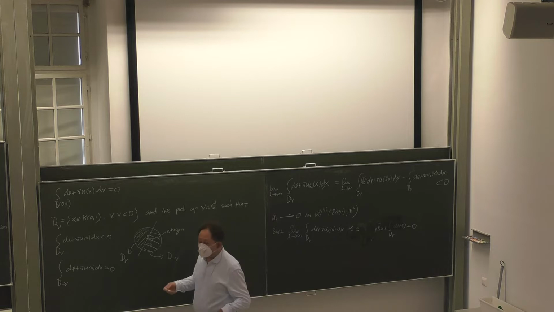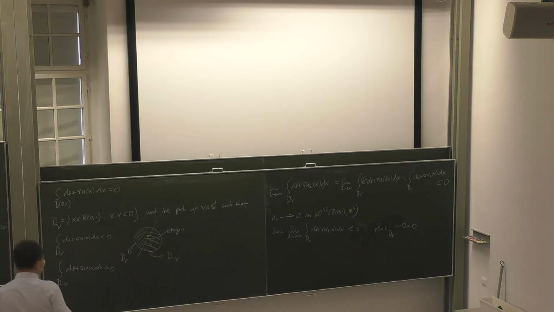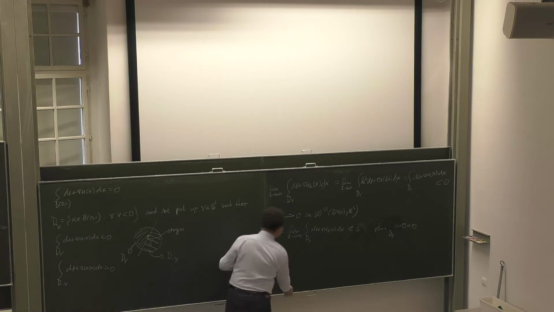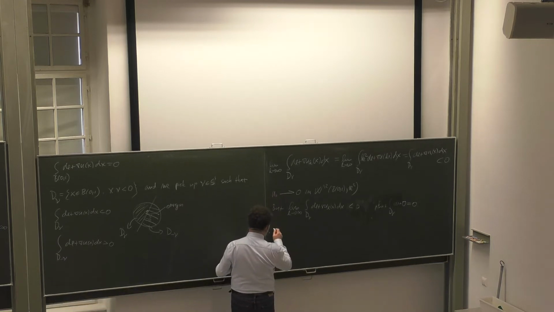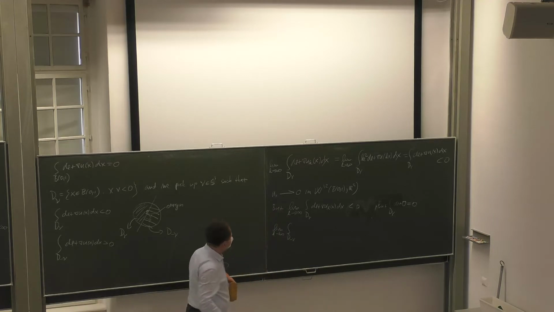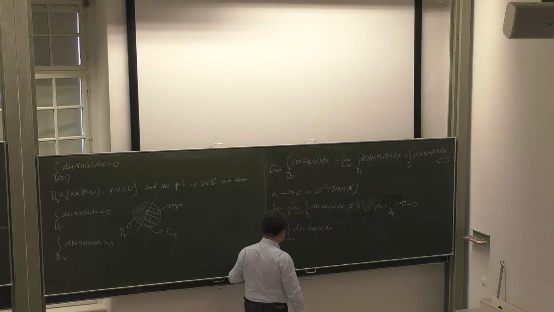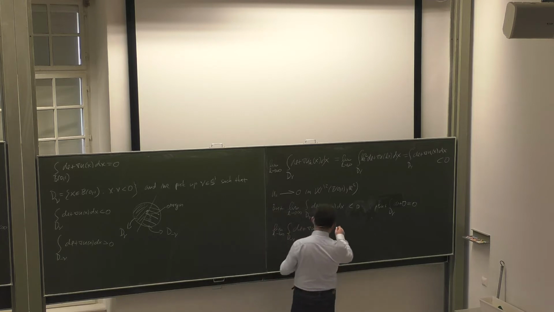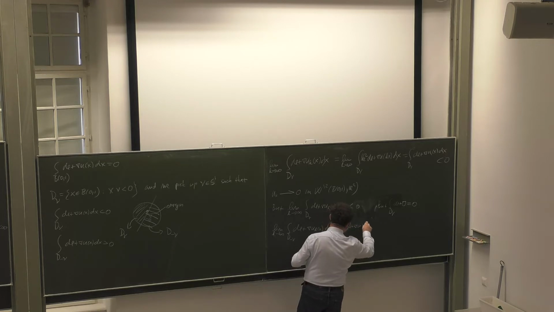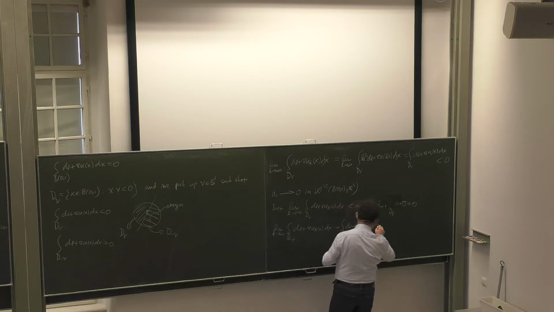So if you work on the other half ball and take the limit for k going to infinity over D minus nu of the determinant, then this goes to the integral of the determinant of grad u dx on D minus nu, and this is positive.